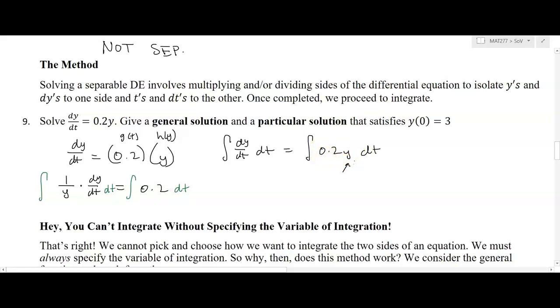So you can't integrate y with respect to t. And some Calc 3 people, if you've taken Calc 3, might say, well, I can use partial integration, but y is not an independent variable. y is actually a function, and it's a function of time. So this variable is some expression involving t, we just don't know what it is. So unfortunately, you're not going to be able to integrate that.